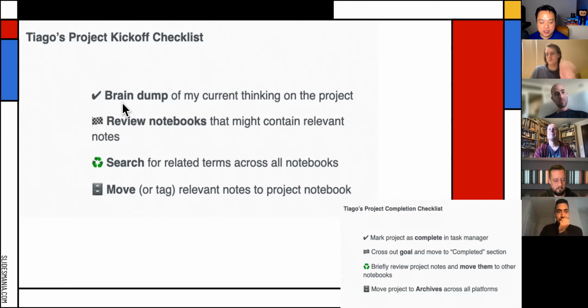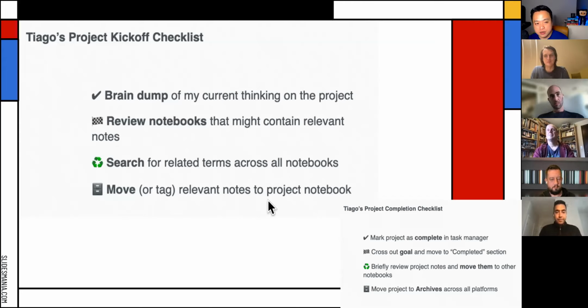You first ignore your second brain, just brain dump everything that you currently think, and then go through your second brain by going through the notebooks, searching for terms, and then rearranging things, moving things up in the PARA system towards your current project that you've just formed. And I find that an interesting parallel to the project completion checklist that was featured last week.